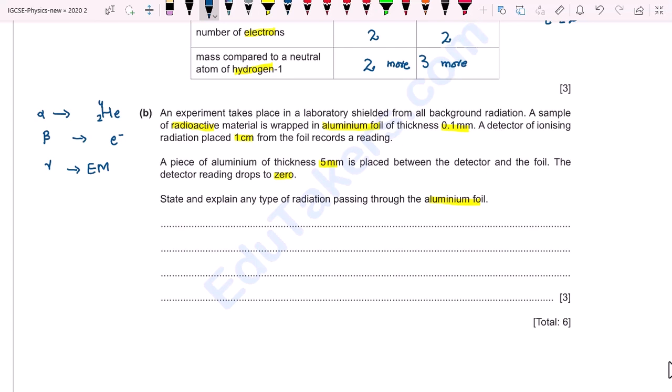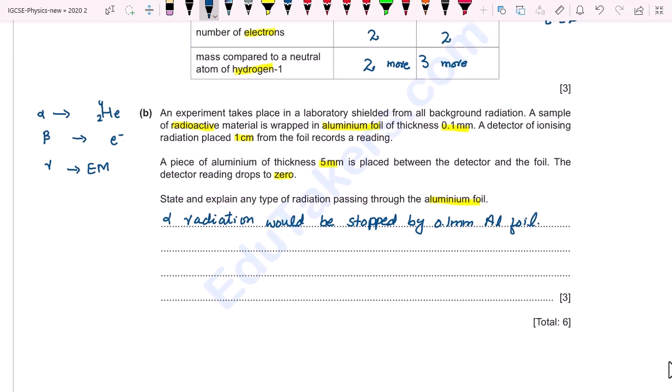So I write here that alpha radiation would be stopped by 0.1 mm aluminium foil.